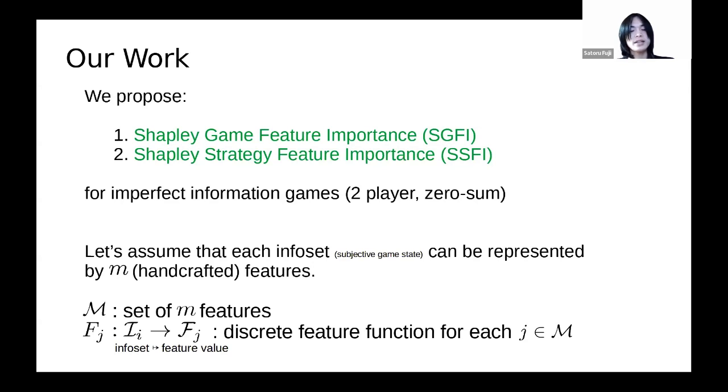Let's assume that each info set or subjective game state can basically be represented by M handcrafted features. Large M denotes the set of M features, and Fj denotes the discrete feature function for each feature j.